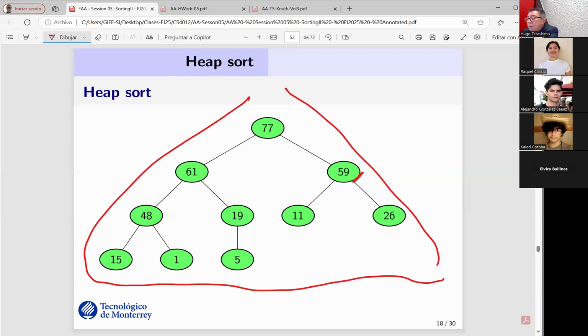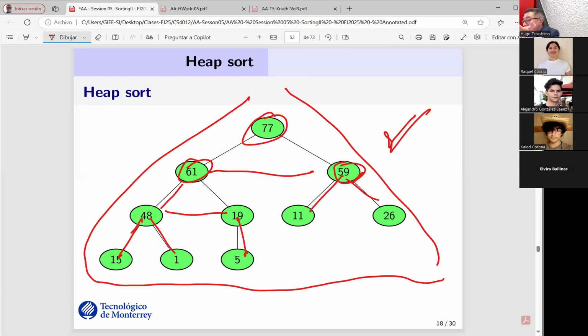No. Is it a heap? Yes, it is. This is larger than these two. This is larger than these two. This is larger than these two. This is larger than this one. This is larger than these two. And so the condition is met, right? And we have a heap.